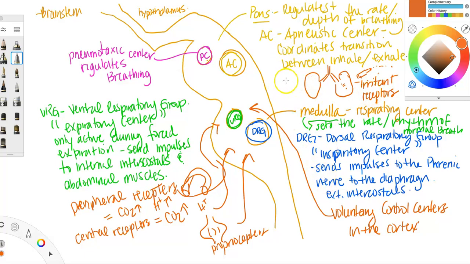There are also stretch receptors. Because remember, the lungs stretch to breathe in and they retract to go back down. So if they're stretched or whatever, that can feed back to the center. All right, so that's basically breathing, a very general sense of how breathing is controlled. And that's about it for the respiratory system.